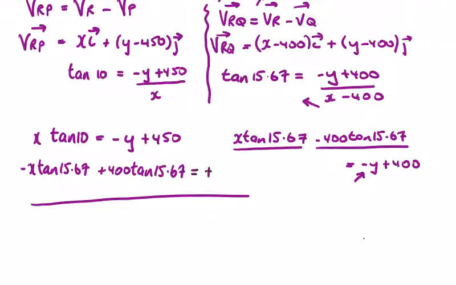That's going to be equal to plus y minus 400. And combining these two lines, the y's will cancel. On the right hand side, we're going to get 450 minus 400, which is 50. And on the left, we're going to get x tan 10.